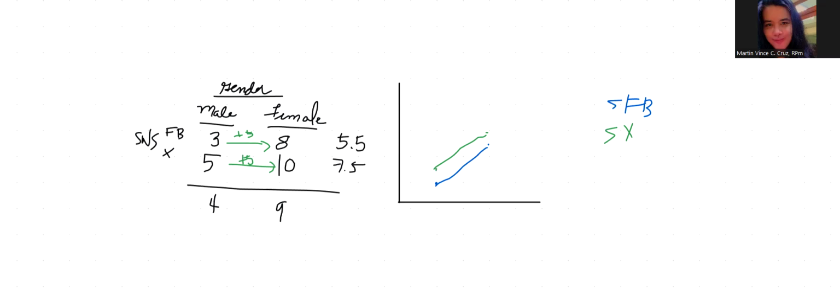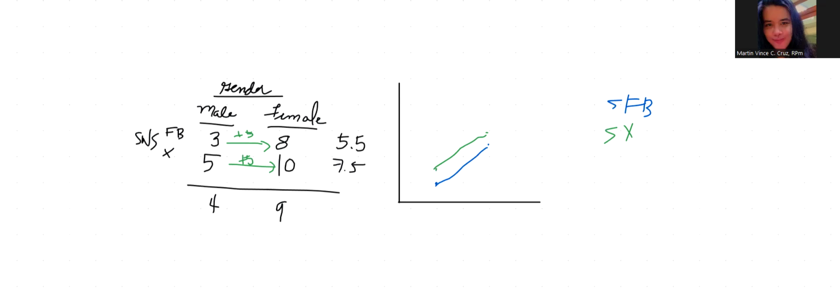So again, let's wrap up our discussion. So even though it is commonly believed that an interaction is evident when lines intersect one another, it cannot be generalized.